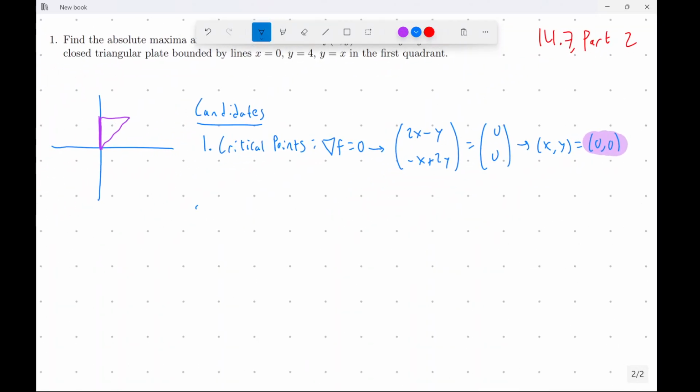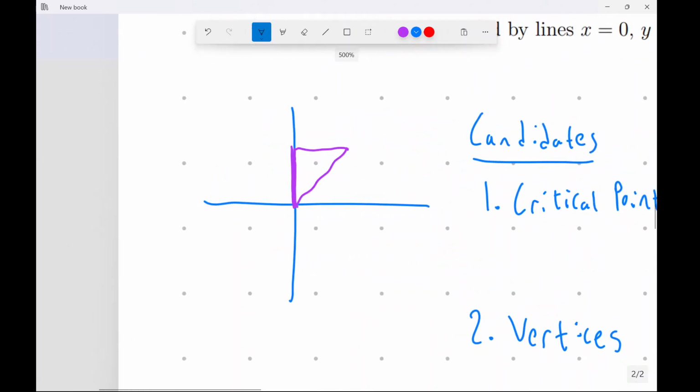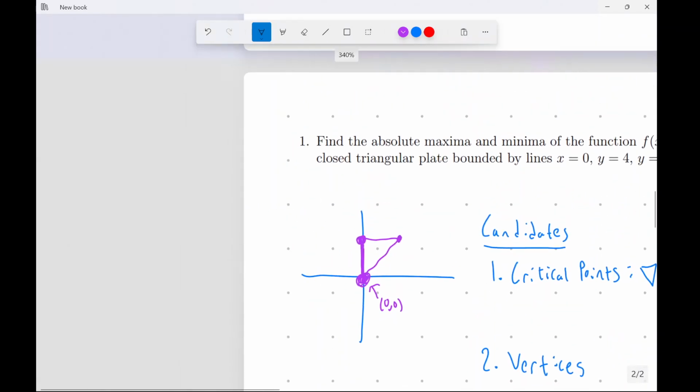The second type of candidate is vertices. And so this is specifically where we have corners in our diagram here. So I see 3 corners, one here, and one here. This one here is at 0, 0. I think that's pretty clear visually.